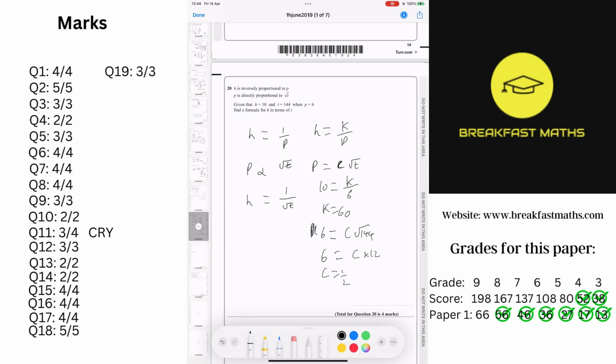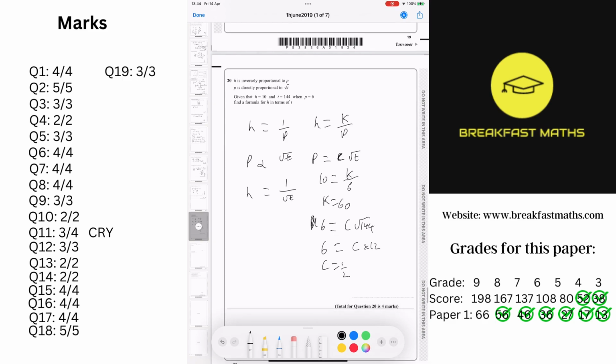Okay, so what we're then going to say is, put that all into the equation, find a formula for h in terms of t. So we've got this equation here, h is equal to, and then we need to consider our 60 and our half. Let's do a completely different variable, let's just say it's a over root t, and then we need to combine these together.